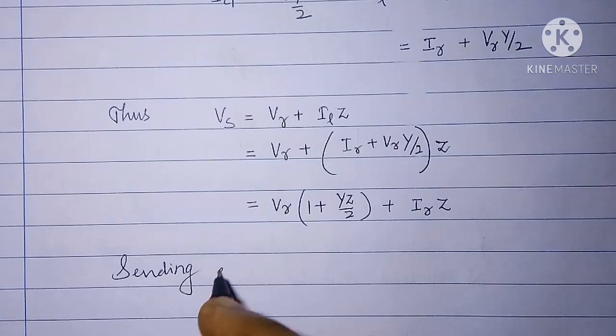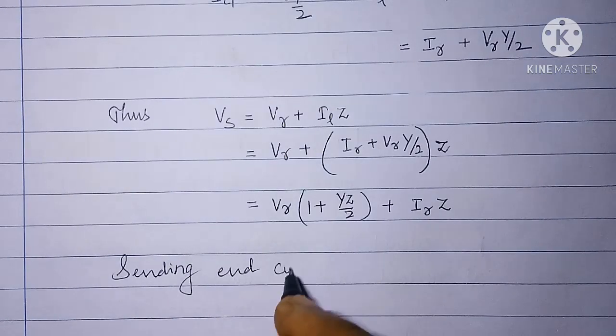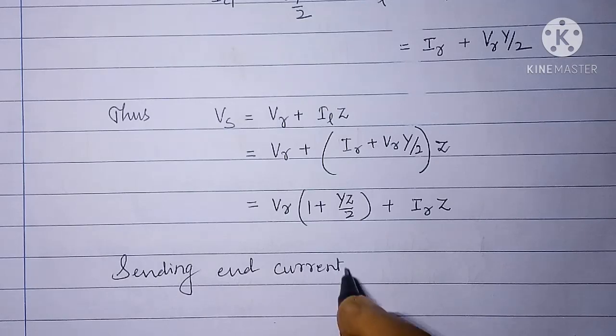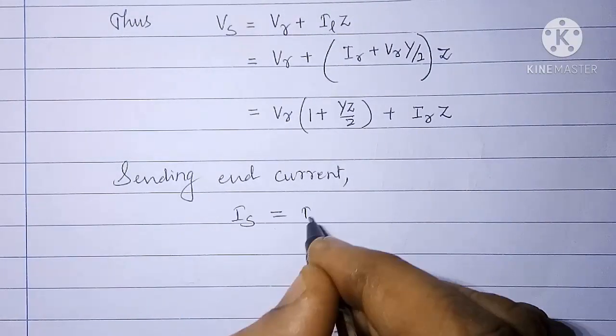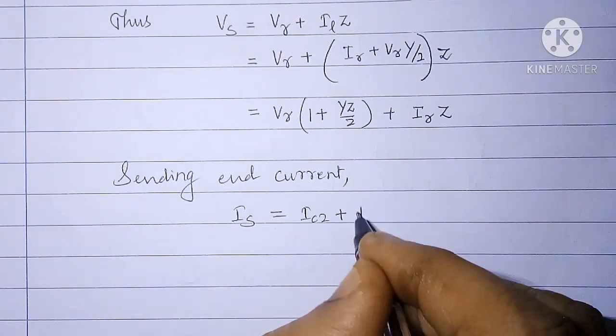Sending end current IS is equal to IC2 plus IL.